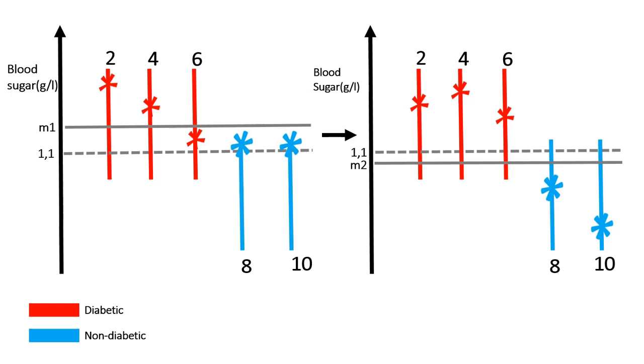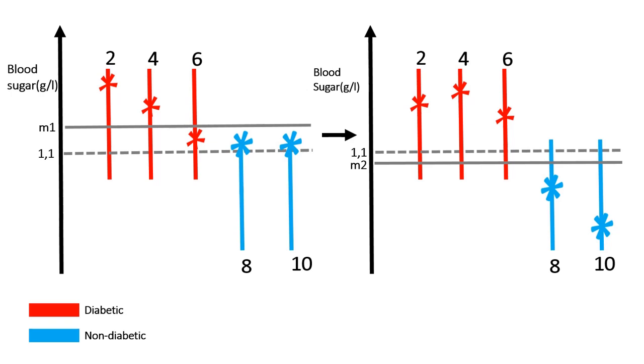Okay. So now, because of this, subjects like 8 and 10 who had very high values have now decreased. They have their blood glucose levels decreasing, and because of this kind of variation, those who are actually diabetic, their values haven't decreased nor increased significantly.